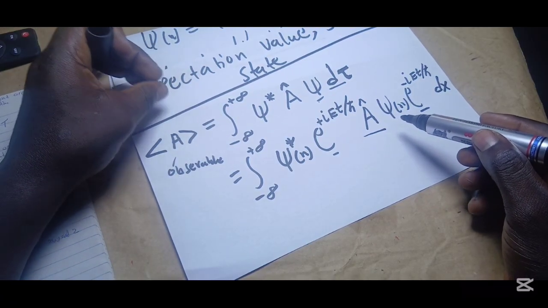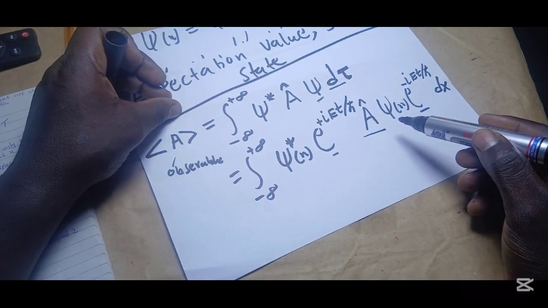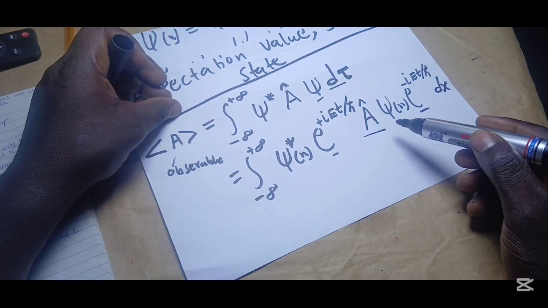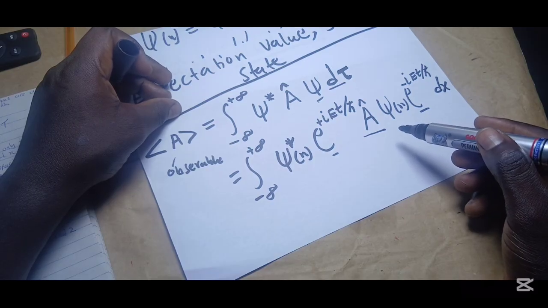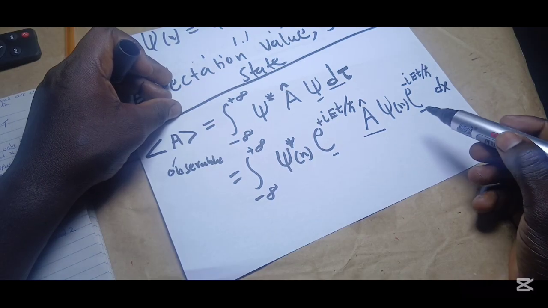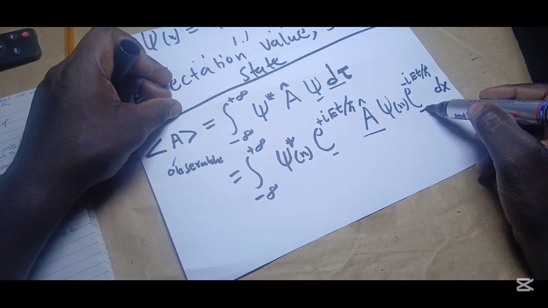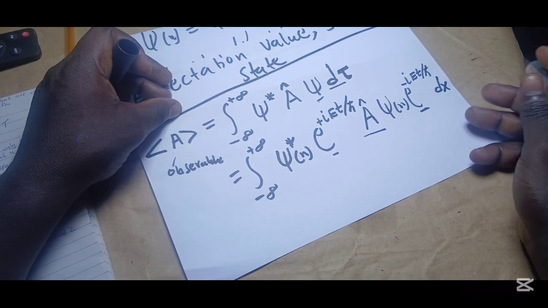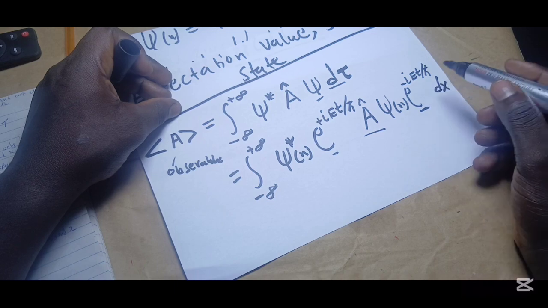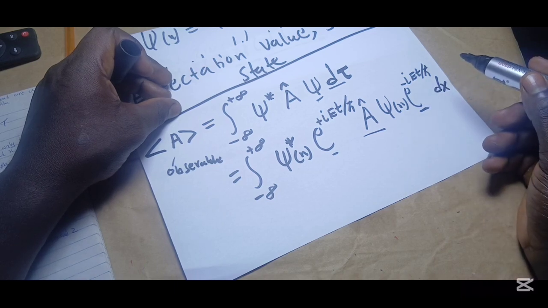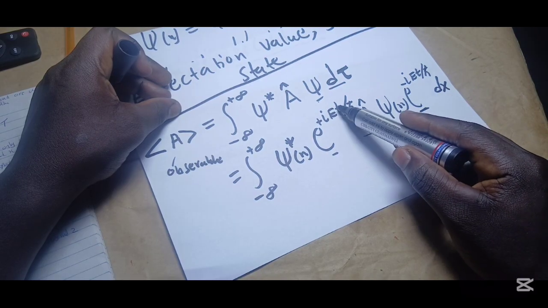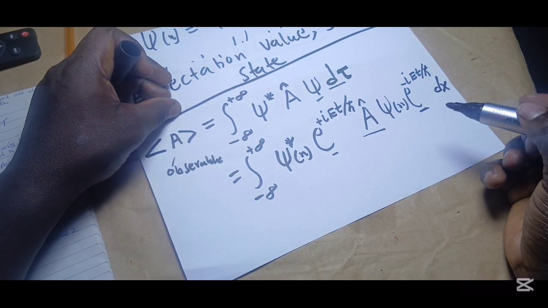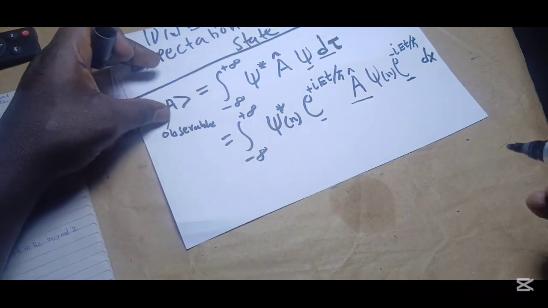Lucky for us, in quantum mechanics, our operators are usually in terms of momentum and position, momentum P and position X or Y. In this case, we are free to group our exponential part and cancel them out without any problem, since our operators usually don't have a time component. So let's do that.